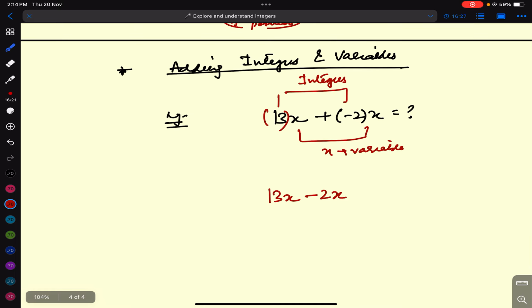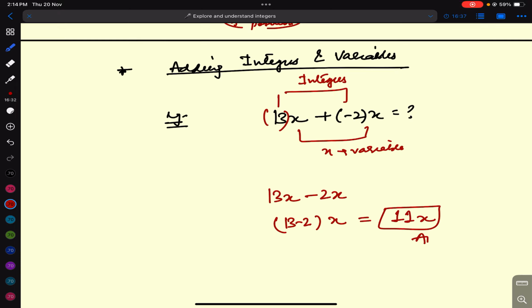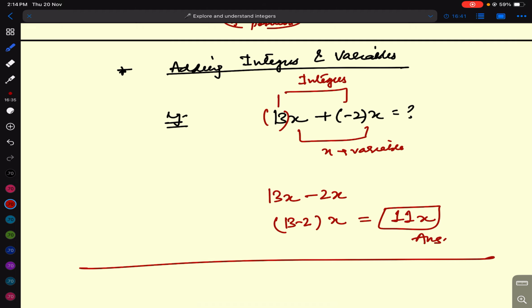Okay, so what I'll be doing is pulling out the variable and combining both the integers, so that will be 13 minus 2. And we know that 13 minus 2 is 11. So the answer would be 11 times x. What we basically did is we pulled out the variable and combined both the integers.